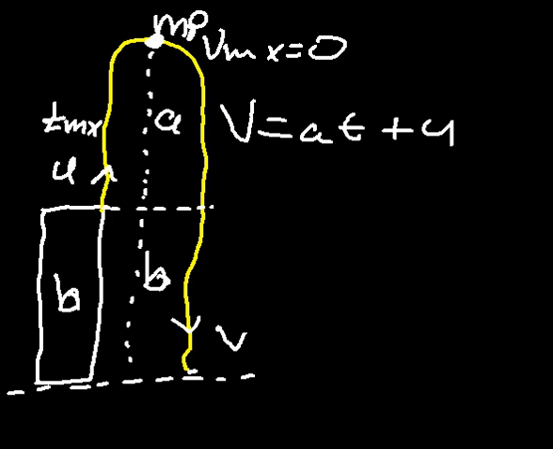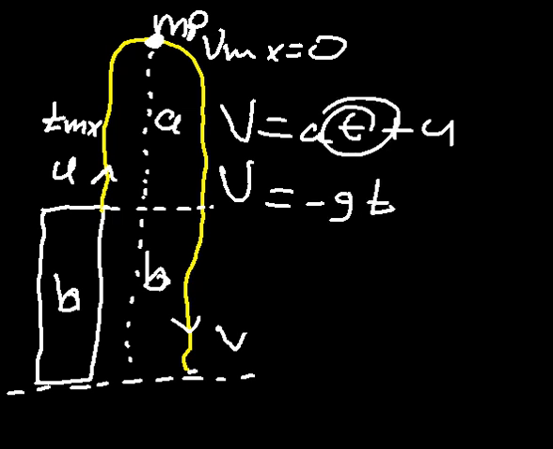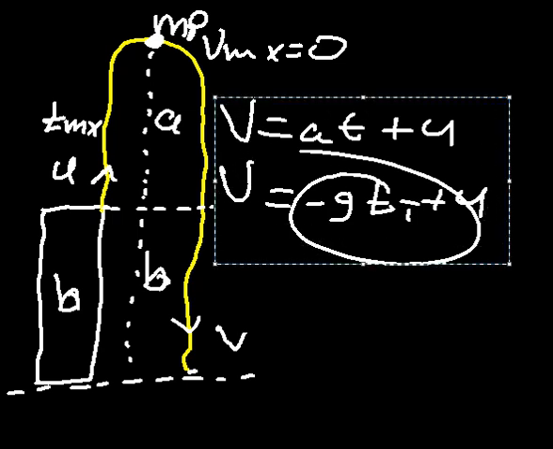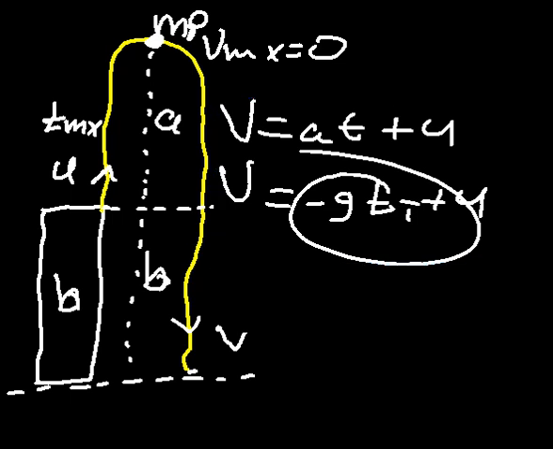Now in terms of the free fall motion, you have v is equal to negative g t, where this t is the t total, so v is equal to negative g t total plus u. So this can help us to get the t total in that way. And at the same time, if we have the t total, we can get the final velocity using the same formula as well.